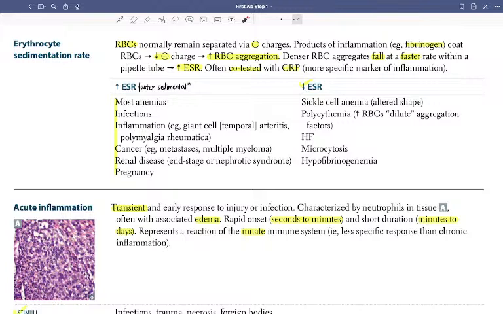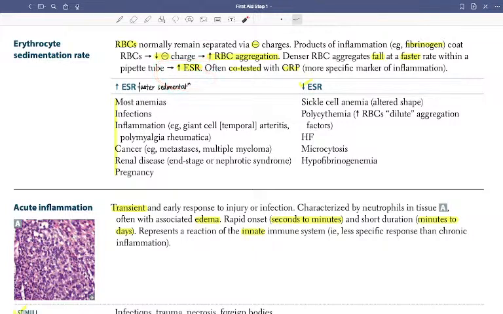Next, erythrocyte sedimentation rate. RBCs normally carry a negative charge. Fibrinogen coats them, decreasing that charge and increasing aggregation. Dense RBC clumps fall at a faster rate, so ESR is increased. I made a mistake there earlier; this is going to be increased.